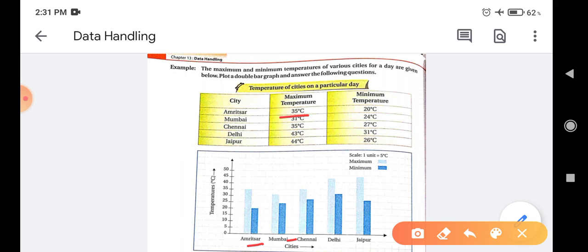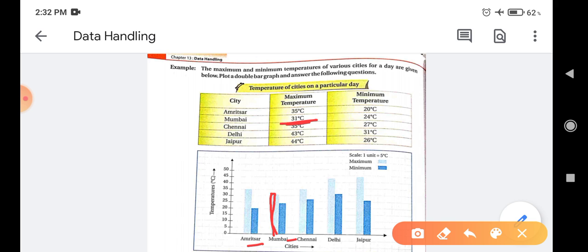If we want to draw a bar up to 31 degrees Celsius, 31 is greater than 30, so we will draw the bar slightly more than 30, as for Mumbai's maximum temperature.